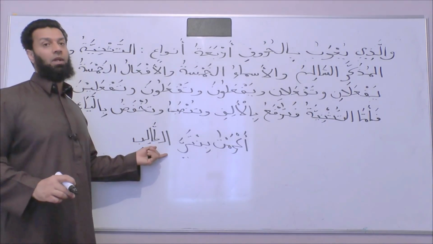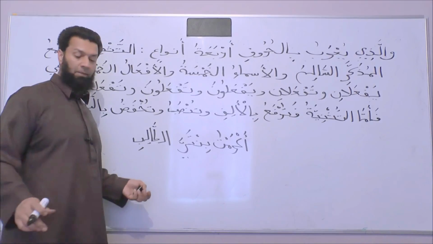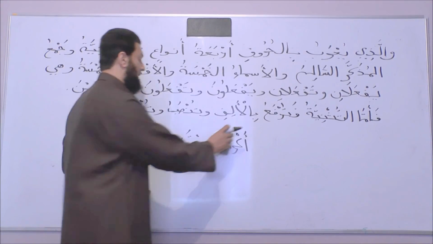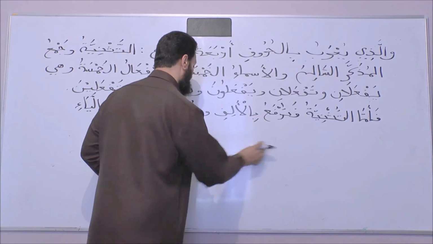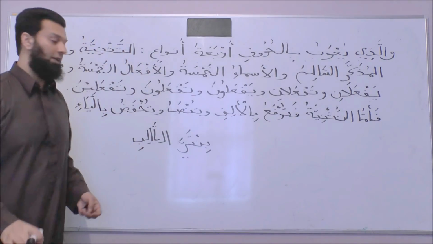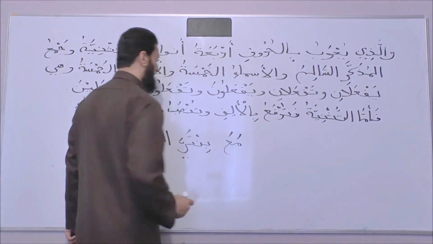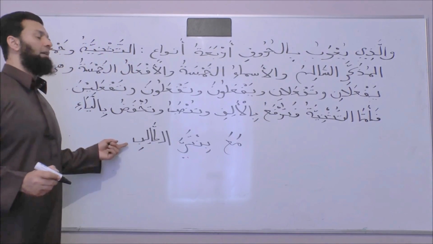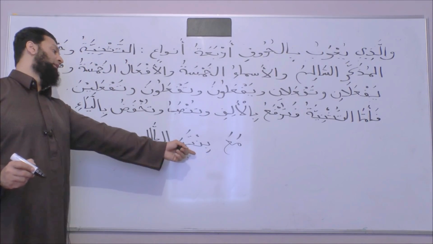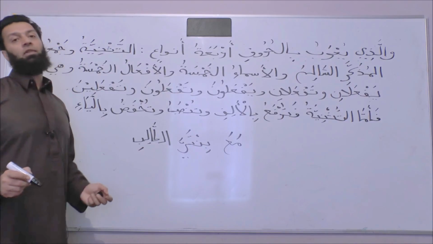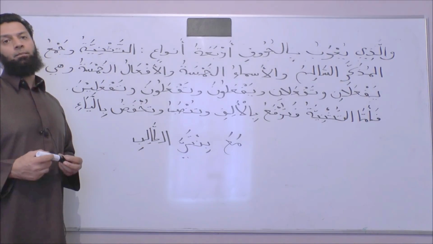And all that remains therefore is when this is now going to be in the jarr state or the khafd state, when the word is going to become majrur. So if you were to precede it with what? Ma'a. Ma'a bintay at-talibi, with the two daughters of the student.